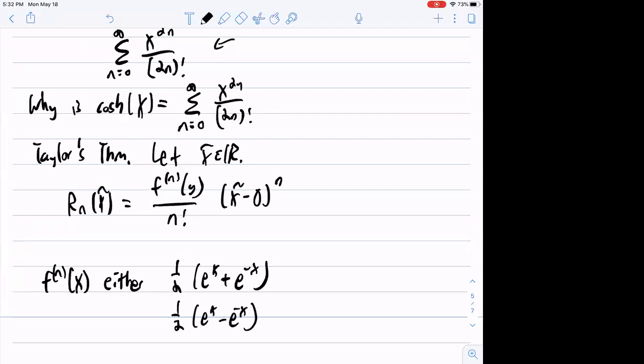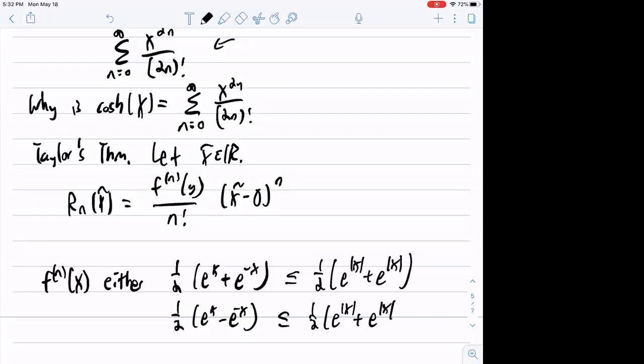But in either case, this is smaller than, if x is negative or positive, I take the absolute value, right? So this is smaller than 1/2 e to the absolute value of x plus e to the absolute value of x. And similarly, this is smaller than, if I just add the same thing, e to the absolute value of x plus, because exponential is always positive.